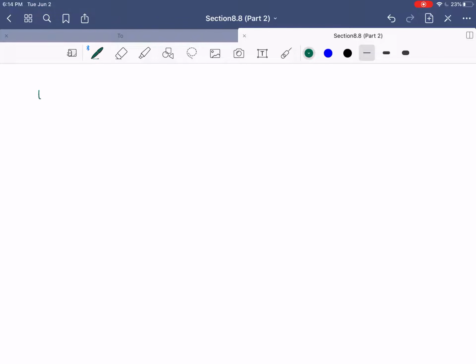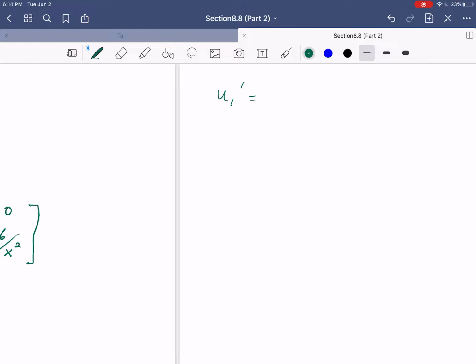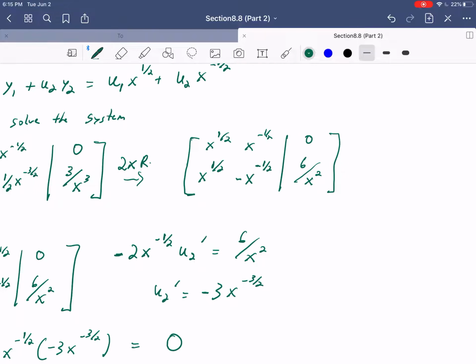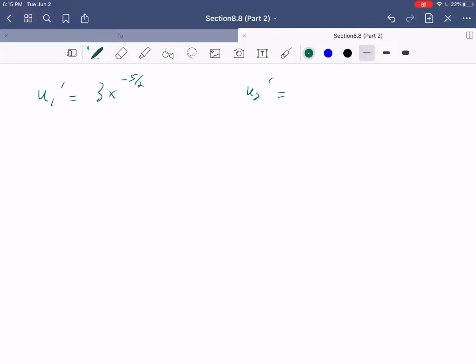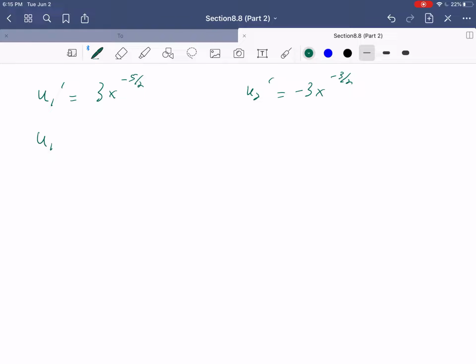So u1 prime, I think we just said, is supposed to be 3x to the negative 5/2, and u2 prime is supposed to be negative 3x to the negative 3/2. That seems good. So we have u1 then is going to be the integral, 3x to the negative 5/2 dx. So u1, this is going to become, we add 1 to that exponent, so we get negative 3/2.